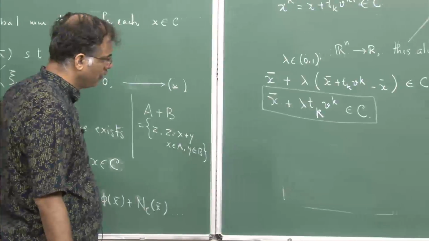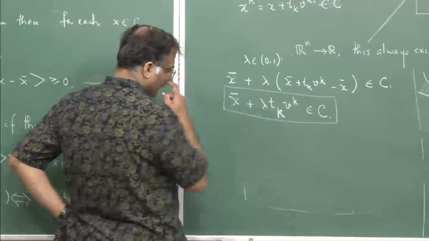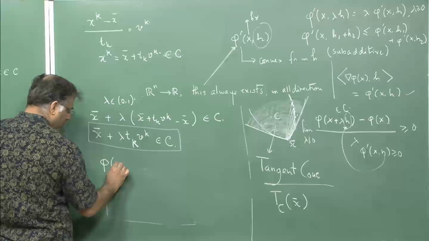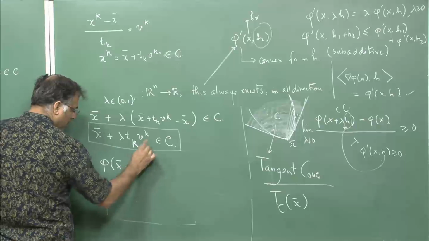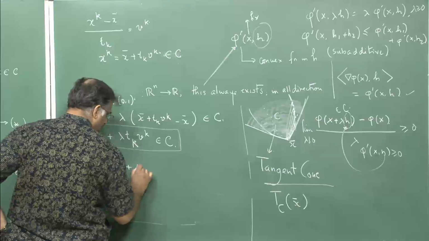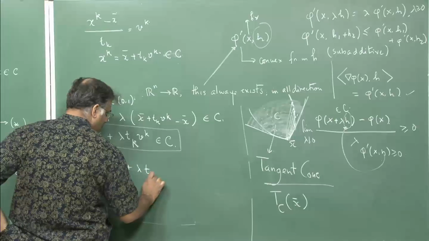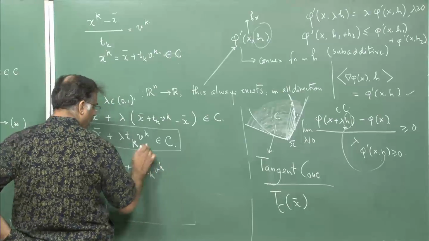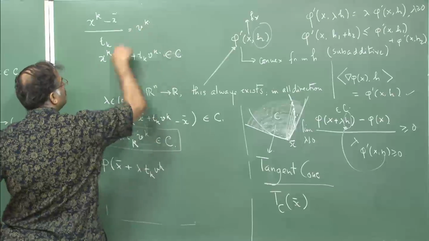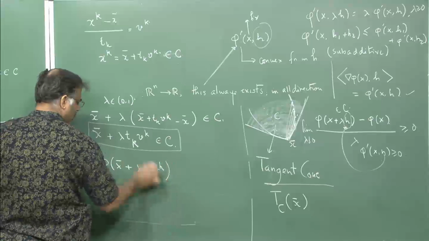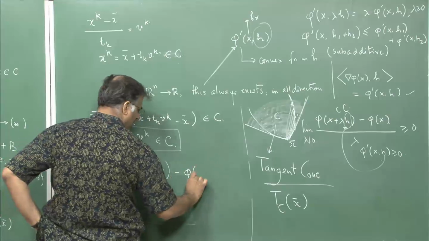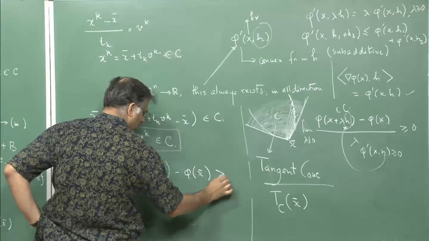Now, if x bar is an optimal point, you take the direction tk Vk for a fixed k. Whatever k you take, this is always in C. So this, minus phi of x bar, must be greater than or equal to 0.